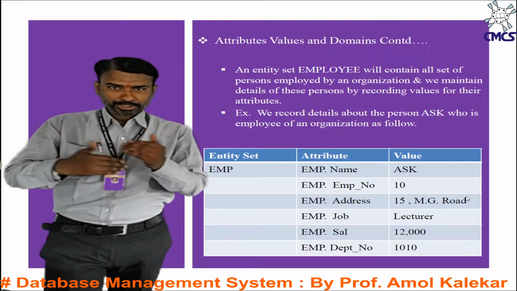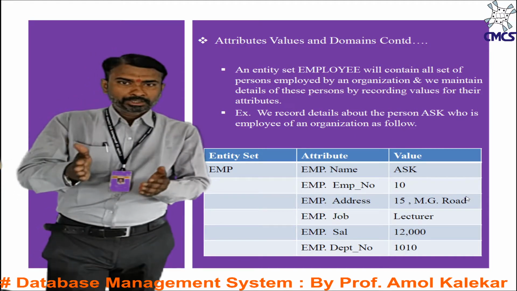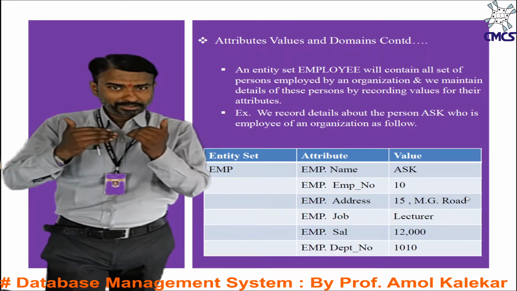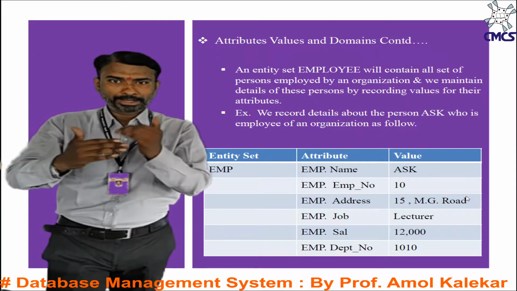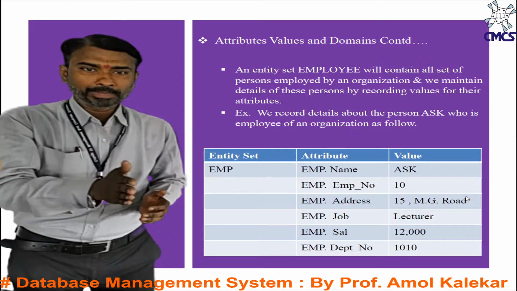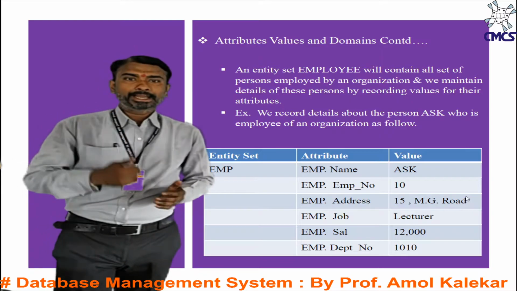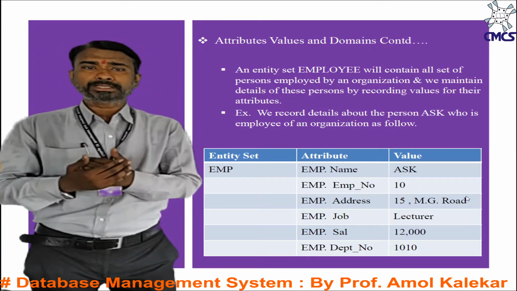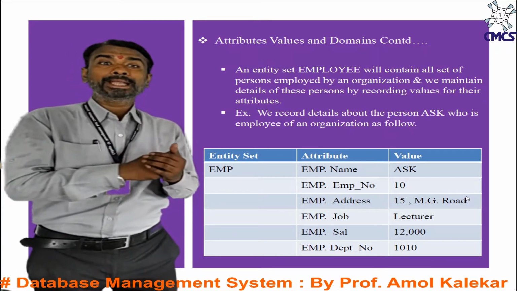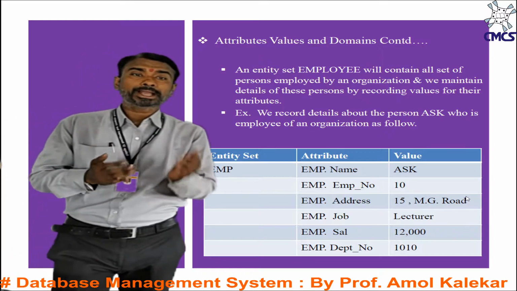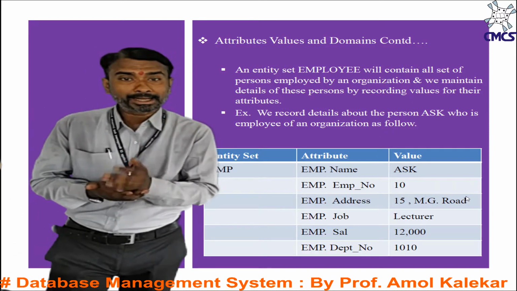Now, again, we'll move further. Earlier we have seen the attributes along with a variety of entities. Now, we will see the attribute values and domains in more detail. Again, an entity set employee will contain all the set of persons employed by the organization, and we maintain the details of these persons by recording the values for their attributes.